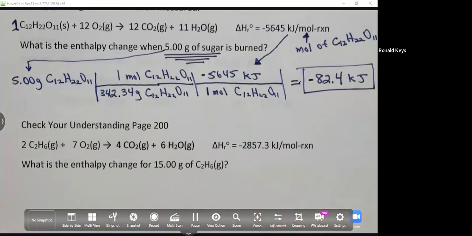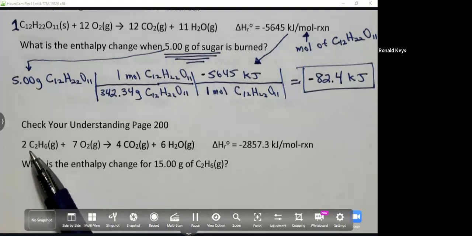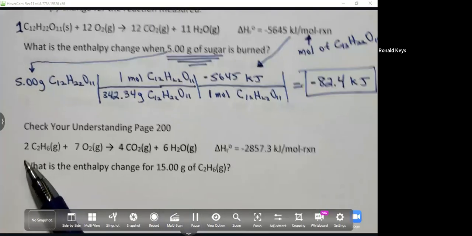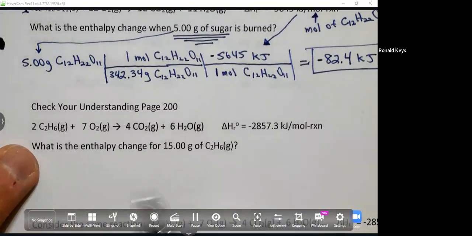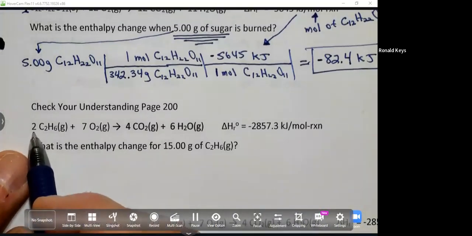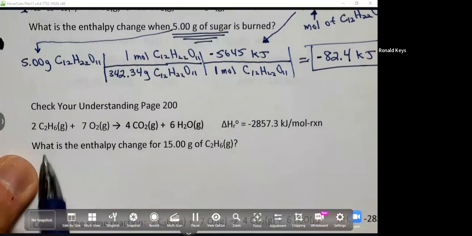Now the next one's going to have a little bit of a twist, not much. What is the enthalpy change for 15 grams of C2H6? But notice right here, this is how many kilojoules we get out for. We're going to make sure we use that at the end. This is how much heat energy we get out, but this takes 2 moles to do it.